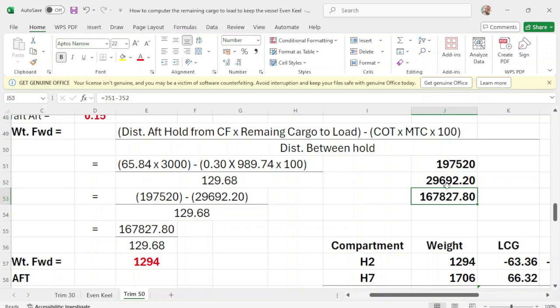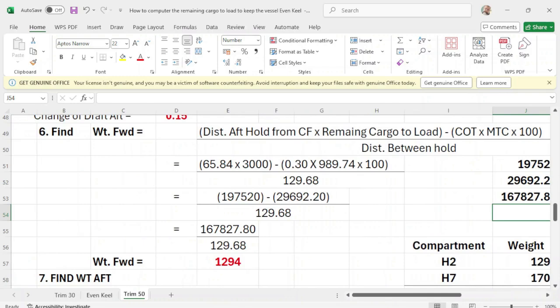Put here equals minus this one, and W is 167,827.8, which is this one. Okay, divide with your distance between holds, then your forward will be 12.94.